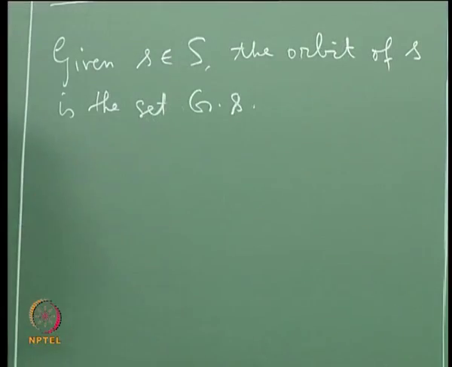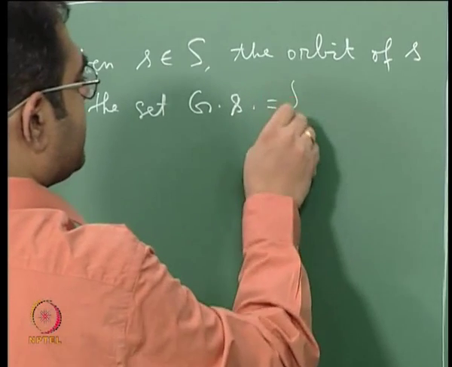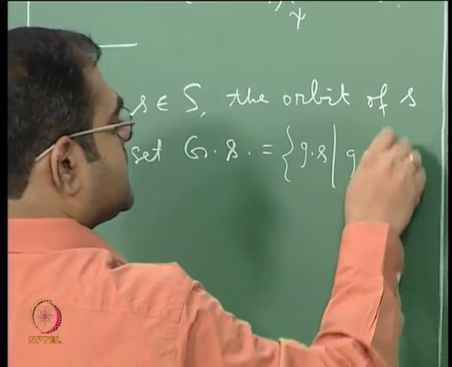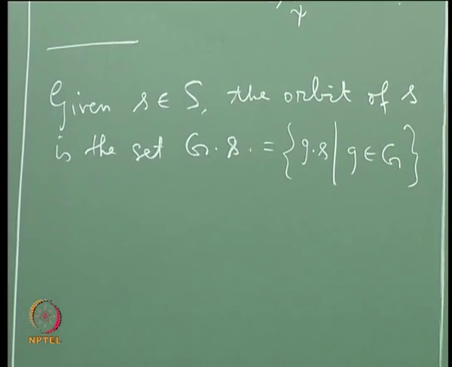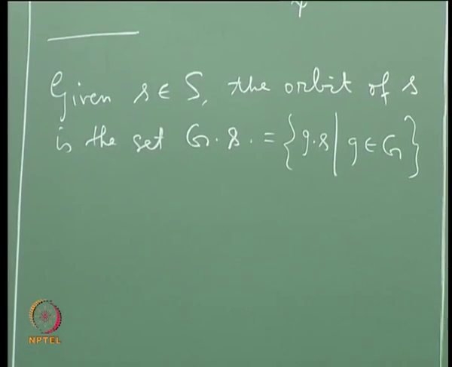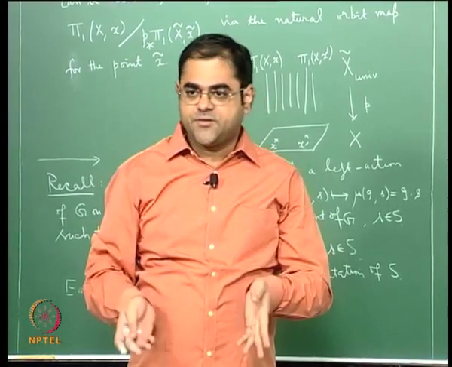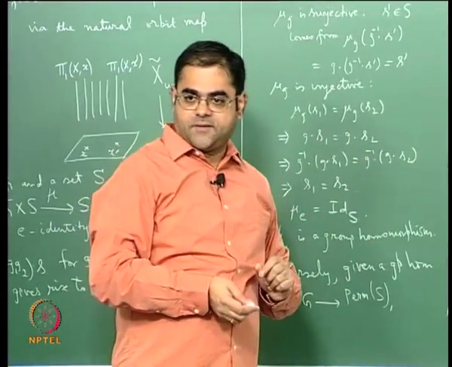What is this G dot s? It's just the set of all small g dot s where g varies in G. So if you give me a single element, you let G act on it, various elements of G act on it to produce new elements, and that is the orbit of that element.